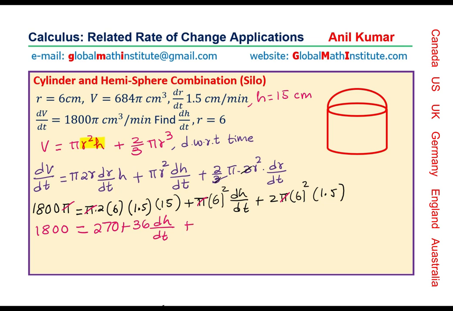And here we have plus 2 times 6 square, which is 36, times 1.5, 108.